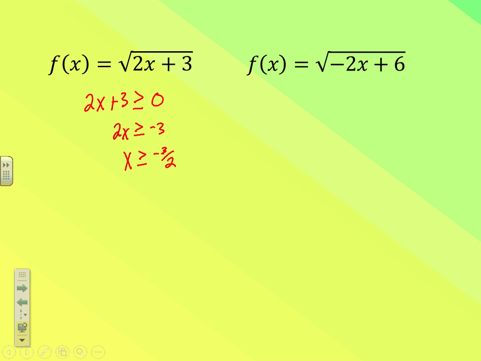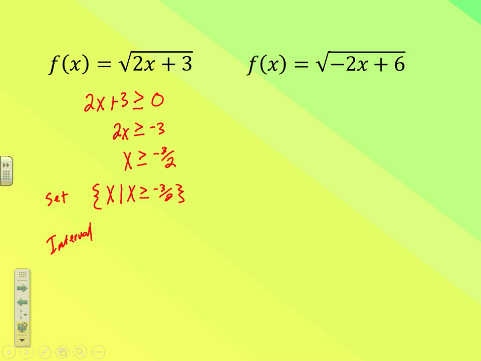So how would I write the domain for this? Let's again look at it in set and interval notation. Set notation is going to be pretty easy to do here. Again, we'll just say x such that x must be greater than or equal to negative 3 over 2. And in interval notation, this one's easier to do because we're only looking at a certain set of numbers.